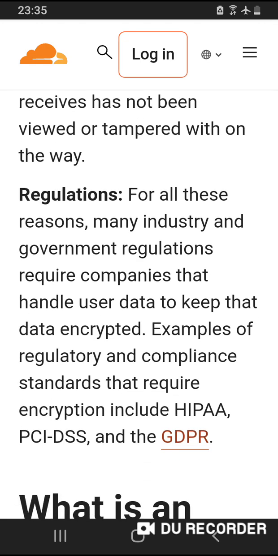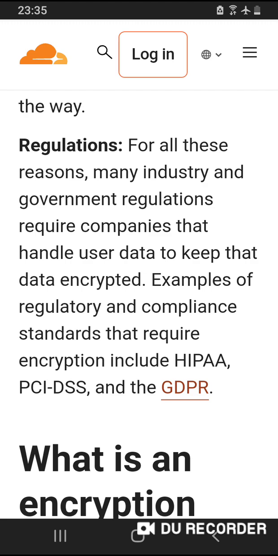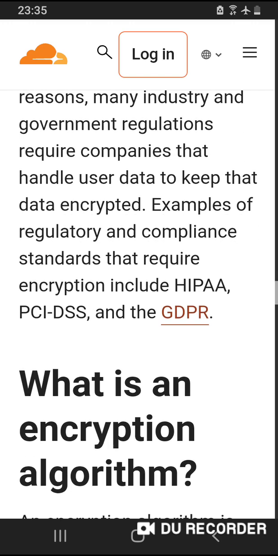Regulations. For all these reasons, many industry and government regulations require companies that handle user data to keep that data encrypted. Examples of regulatory and compliance standards that require encryption include HIPAA, PCI-DSS, and the GDPR.